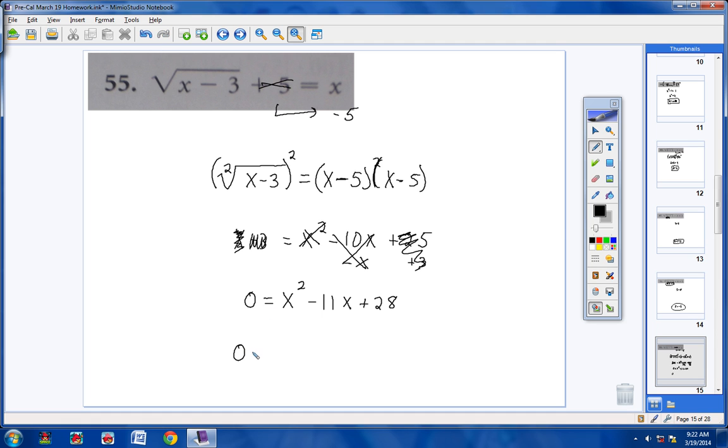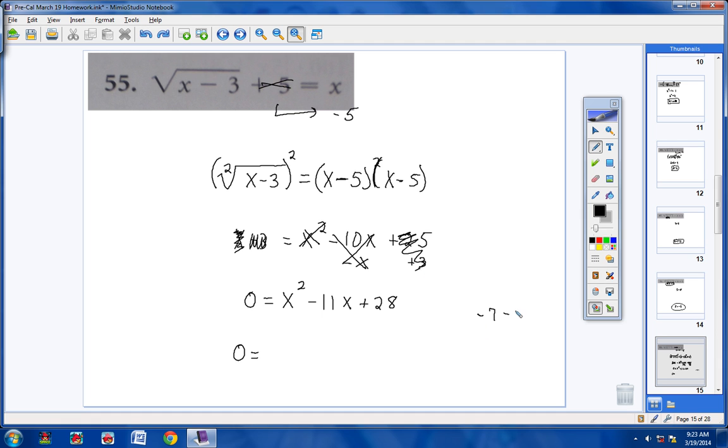So my factorization of this trinomial would be, notice I have a lead coefficient of 1. So what two numbers multiplied together would give me 28 and when added together would give me a negative 11? Well, that's incorrect by the way, let's try this again.